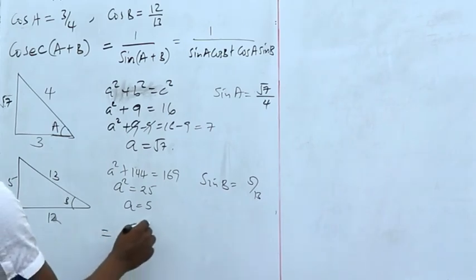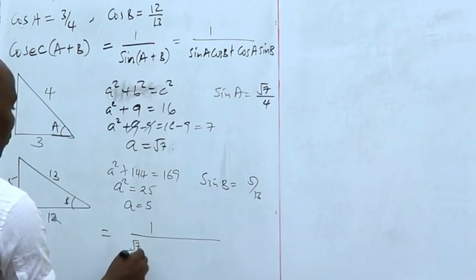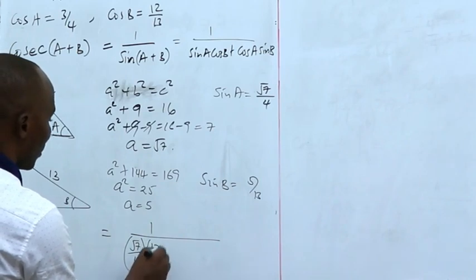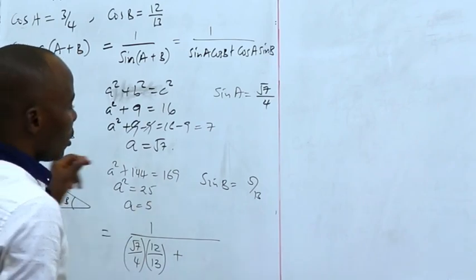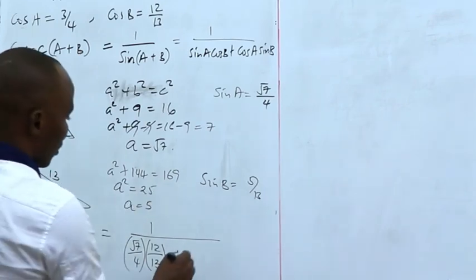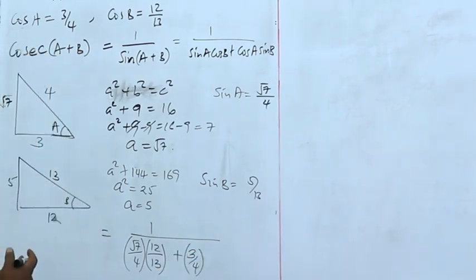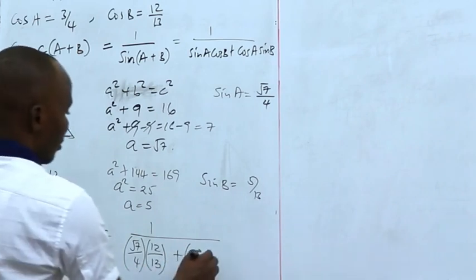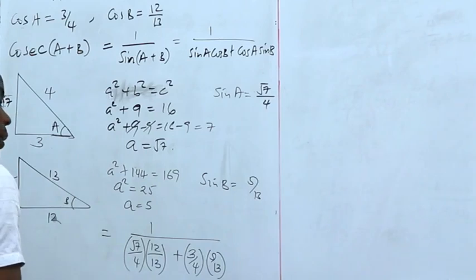We have 1 over sine A, which is root 7 over 4, into cos B. Cos B is 12 over 13, plus cos A, which is 3 over 4, and sine B is 5 over 13.